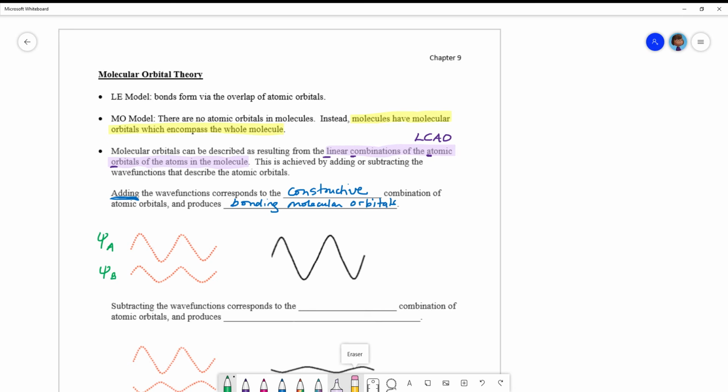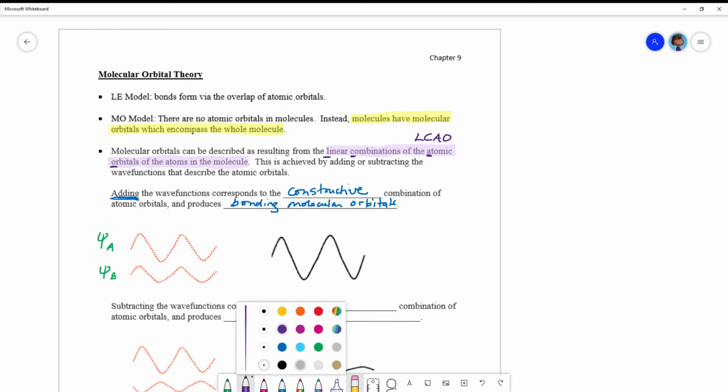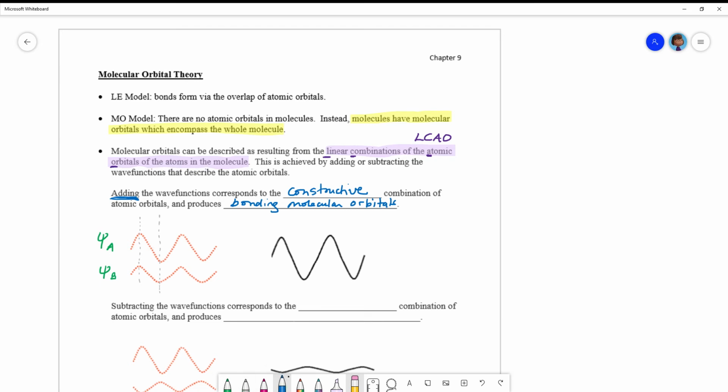Now, if you notice, the way I've aligned these two waves here are such that the peak of wave A lines up with the peak of wave B, and the trough of wave A aligns with the trough of wave B. That means that these two waves are in phase with one another.